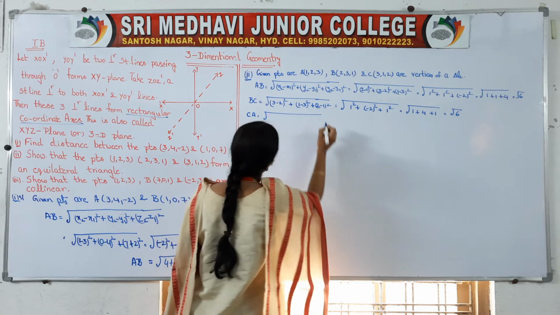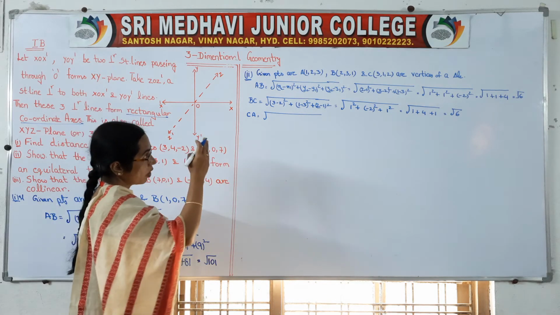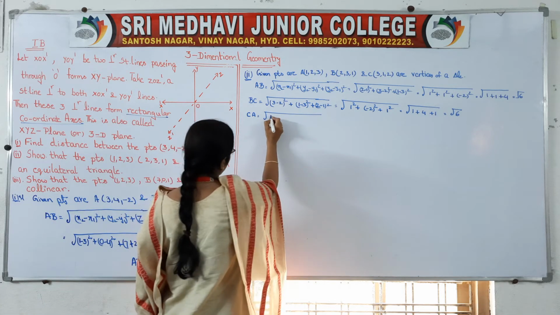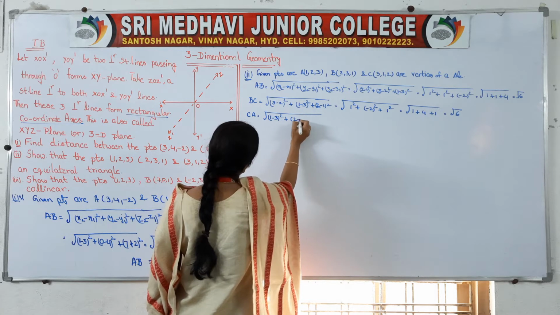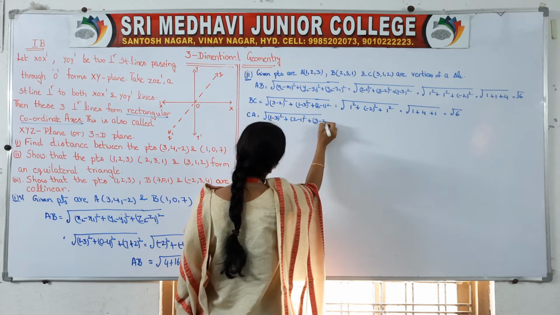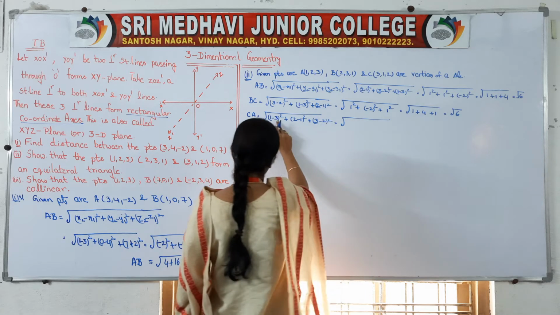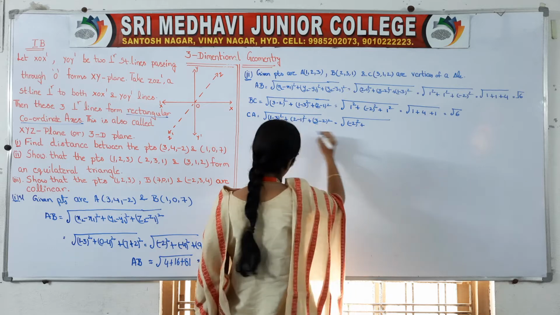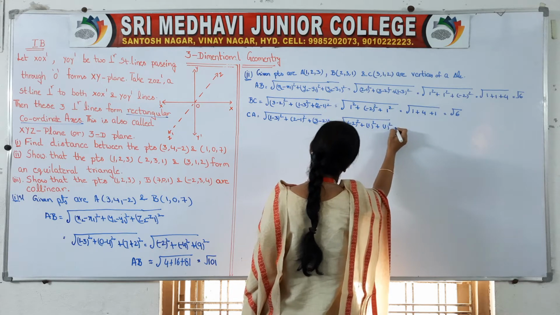Okay, similarly you find out CA now. You take C points as x1 y1 z1 and A points as x2 y2 z2. So it is 1 minus 3 whole square, 2 minus 1 whole square, 3 minus 2 whole square. So root of minus 2 square, 1 square, 1 square.